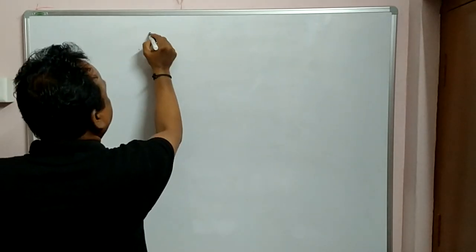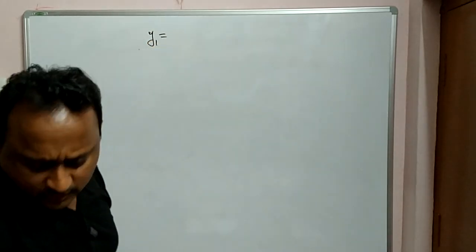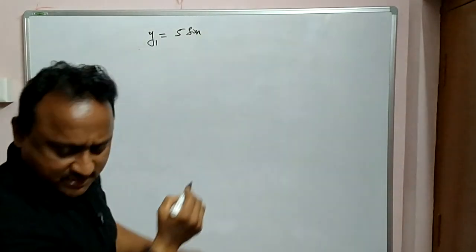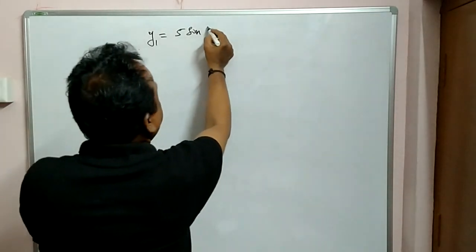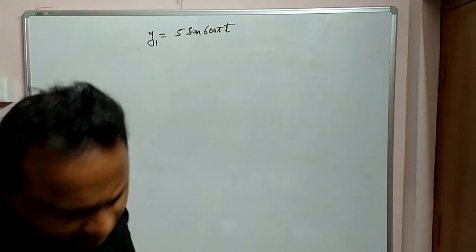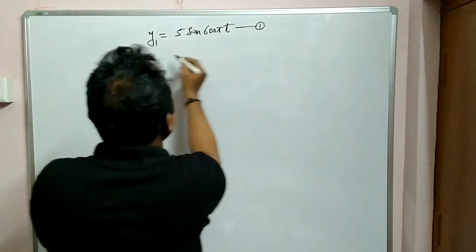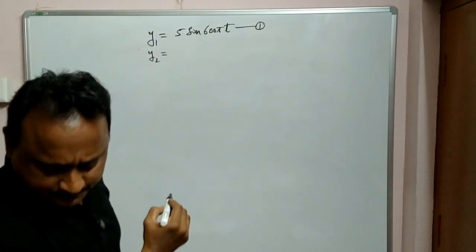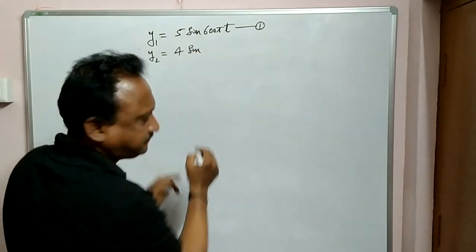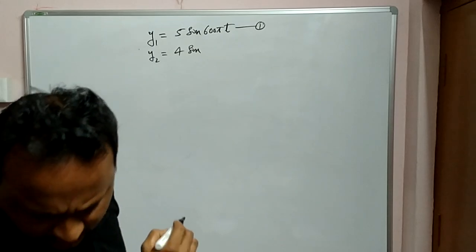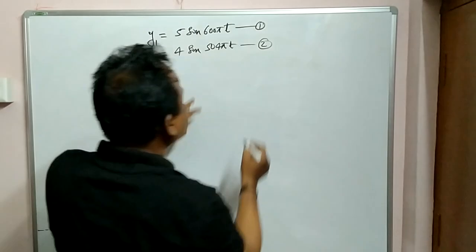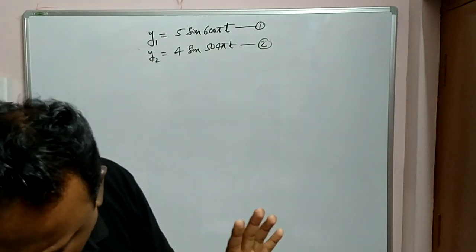For example, y1 is equal to 5 sin 600 pi t, equation 1, and y2 is equal to 4 sin 504 pi t, equation 2. Just I am taking an example for practice, to explain.